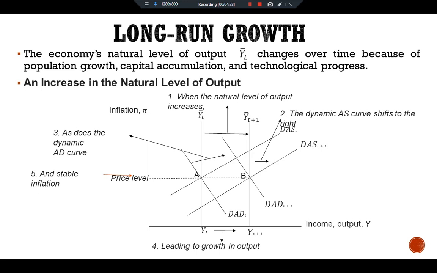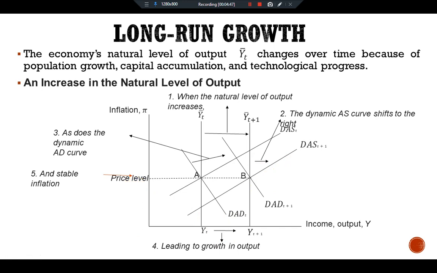So if the natural level of output increases, both the dynamic demand curve and the dynamic supply curve shift rightward by the same amount. Output Yt increases, but inflation π, or the price level, remains the same.